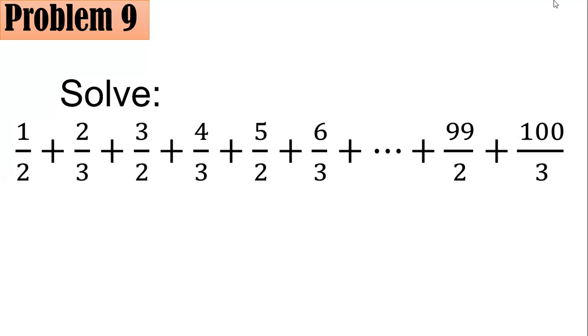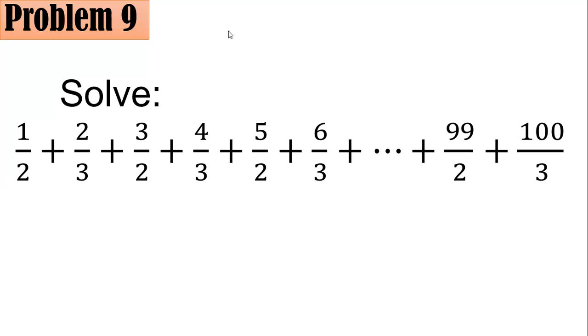Someone said 1/3. I think it's more than 1/3. Why? Because 4/3 alone is already greater than 1/3, and you are adding positive numbers, so we are expecting a sum that's bigger than 1/3.